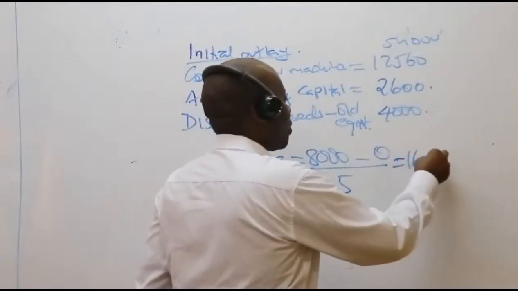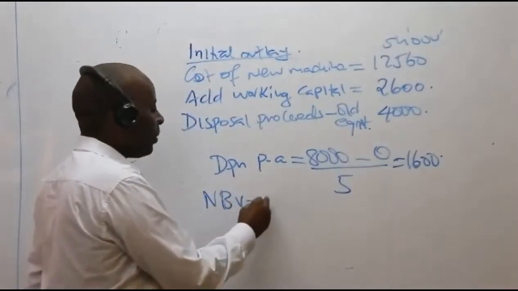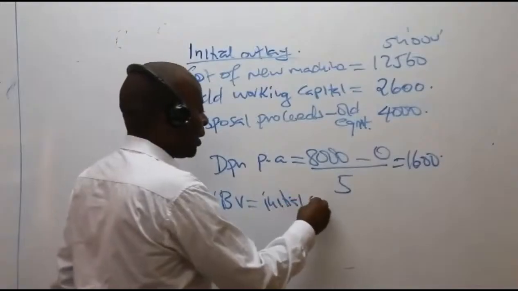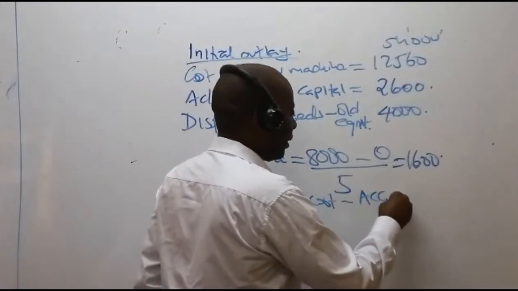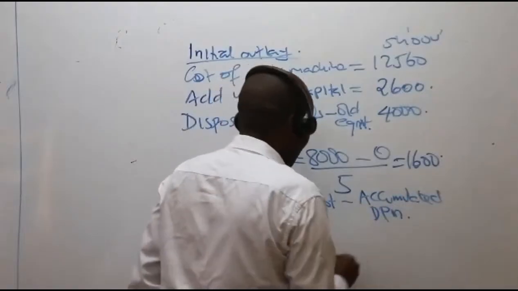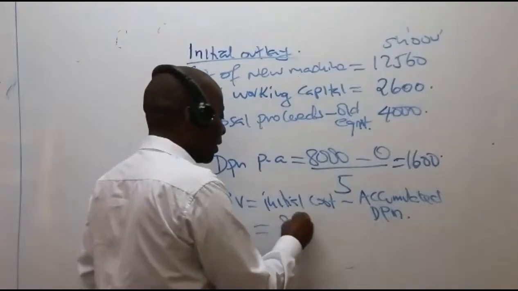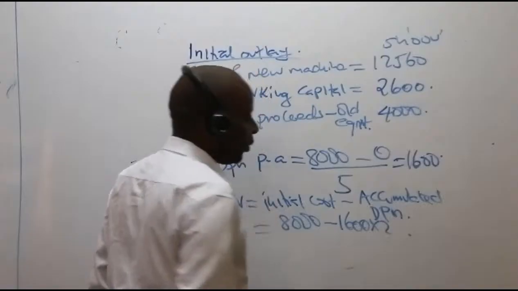1,600. So how do we get net book value? To get net book value, we normally take the initial cost minus, in this case here, accumulated depreciation. So then the initial purchase cost here is 8,000. Accumulated will be 1,600. For how many years have we been with this machine?